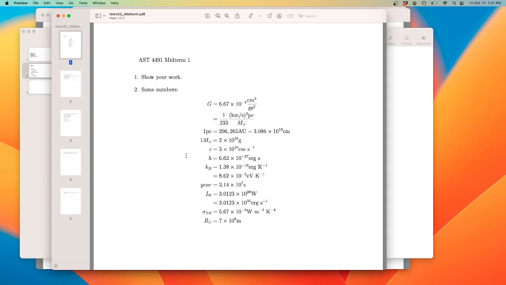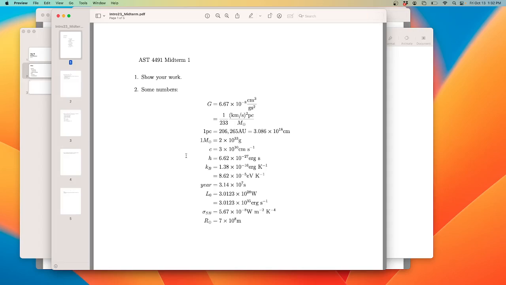Now, this happened after the book came out by like 6 or 7 years. One of the ways the book does it, and other ways you might find in the literature, is the bolometric magnitude is the magnitude of the sun minus 2.5 times the log base 10 of the luminosity of the object divided by the luminosity of the sun.